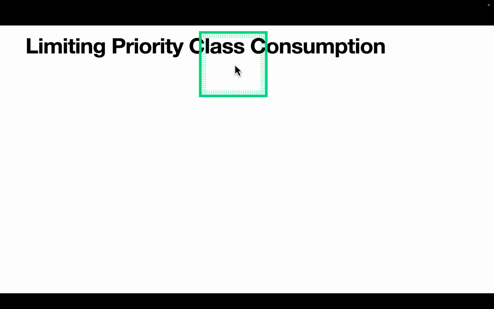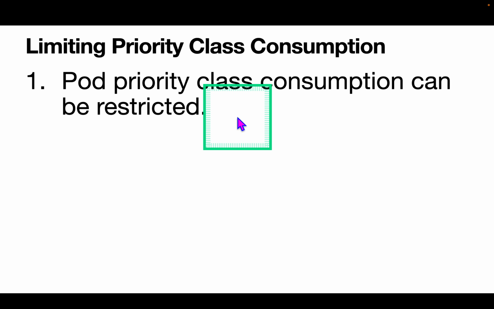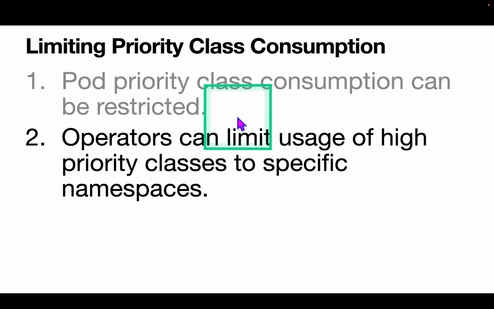Okay, limiting priority class consumption. Kubernetes allows operators to limit the consumption of certain pod priority classes within specific namespaces, creating a match between the quota object and the priority class. This mechanism helps ensure that not every namespace can consume high priority classes by default.